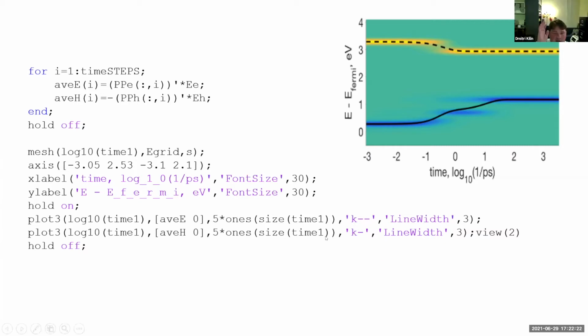Can I add a comment? Suppose that at a given time there is a population of several orbitals simultaneously, and someone wants to know what is the energy of the electron, the energy of the hole, or the energy of excitation.